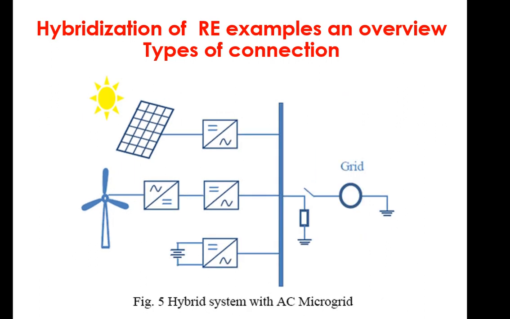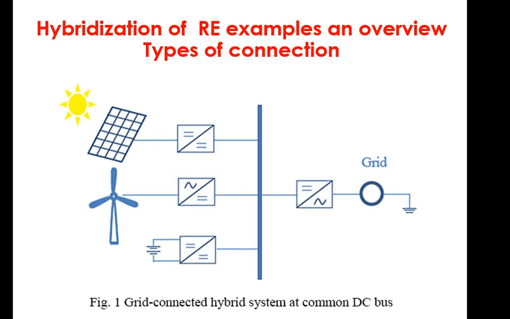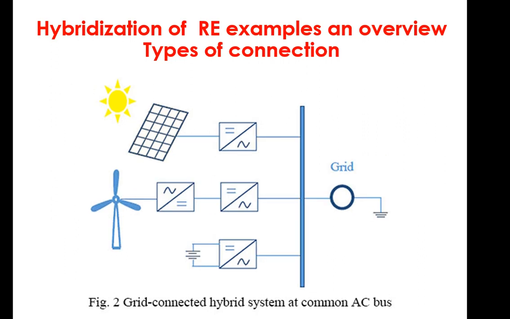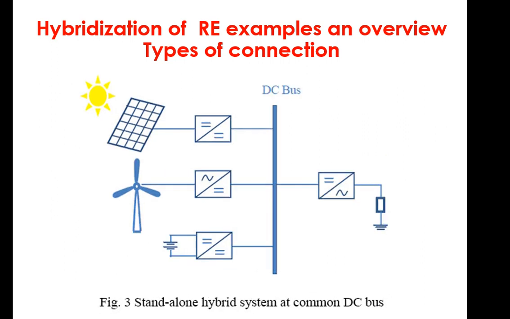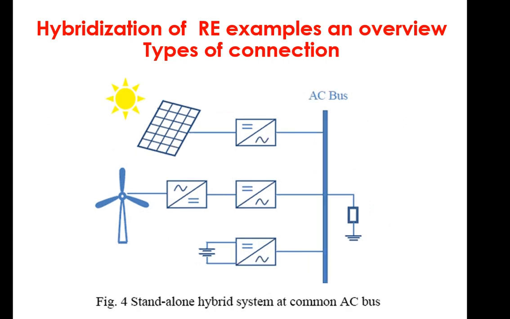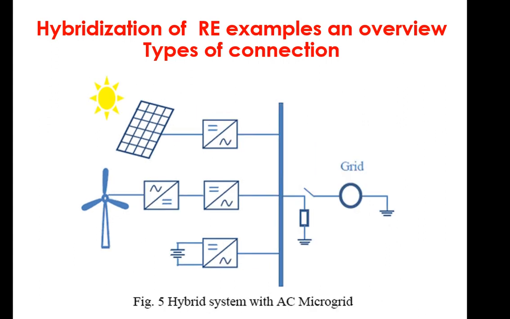So there are multiple options of hybridization of renewable energy systems in the context of types of connections also. Let's take one example of the hybrid system, particularly grid tied with the common DC bus. In the common DC bus, the photovoltaic array is connected with the DC to DC converter, and then it is connected with the common DC bus, that is figure number 1.